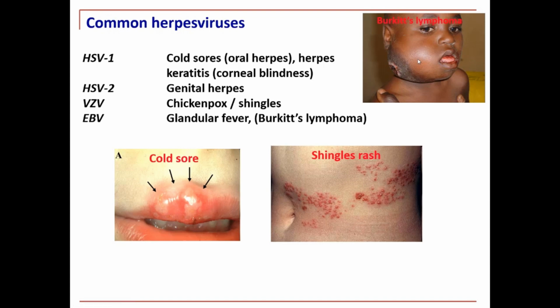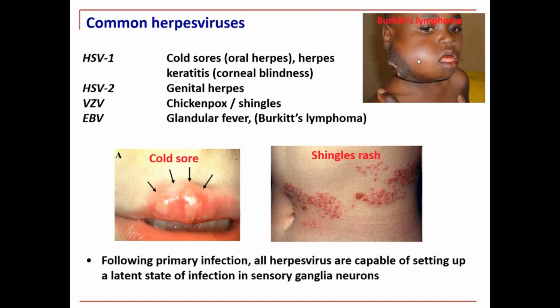Interestingly, of course, varicella zoster virus is the only airborne herpes virus, and hence why we're talking about you getting vaccinated. And following a primary infection, all herpes viruses are capable of setting up a latent state of infection in sensory ganglia neurons. Hence, they can reactivate.